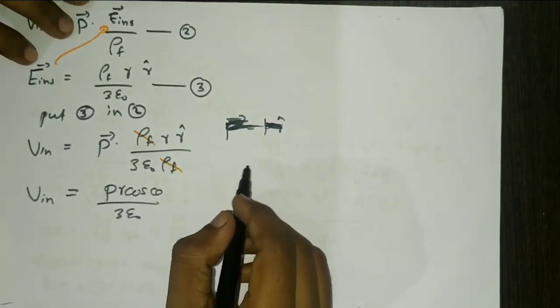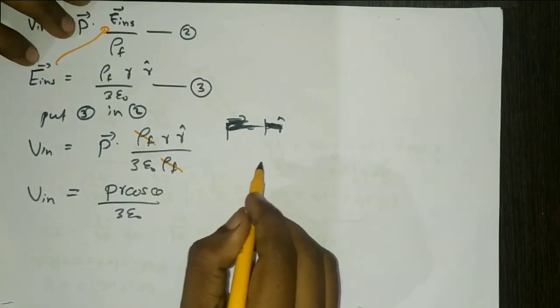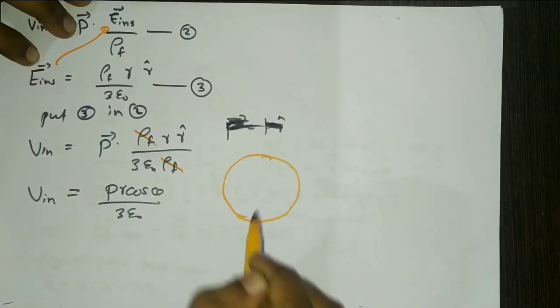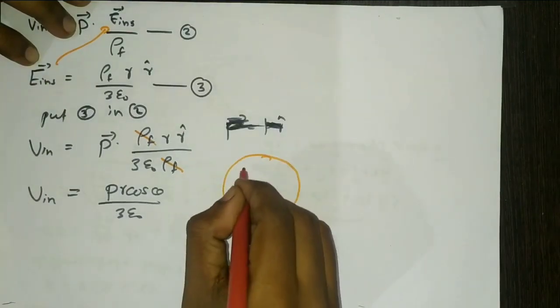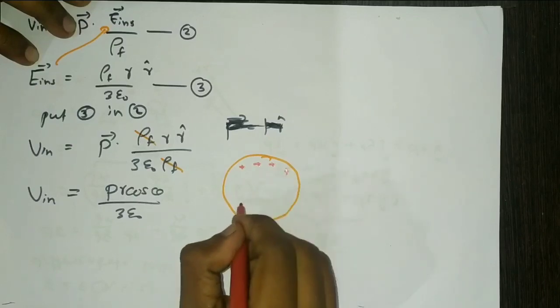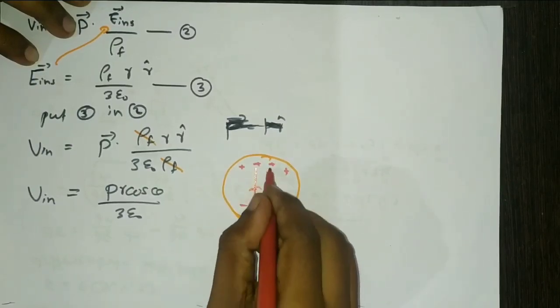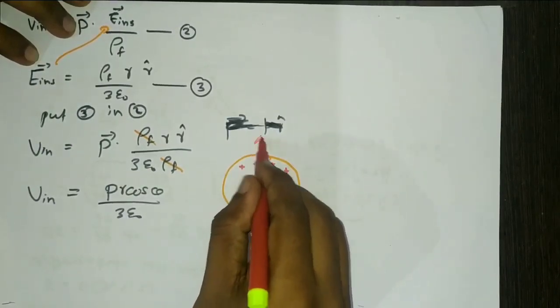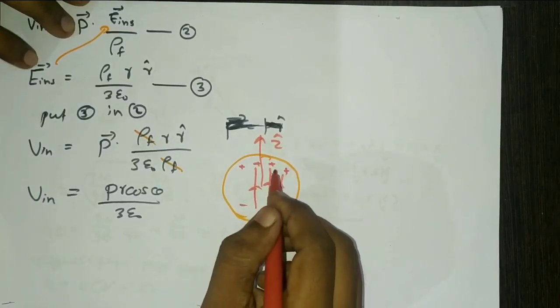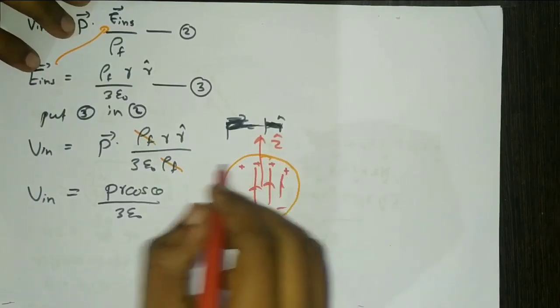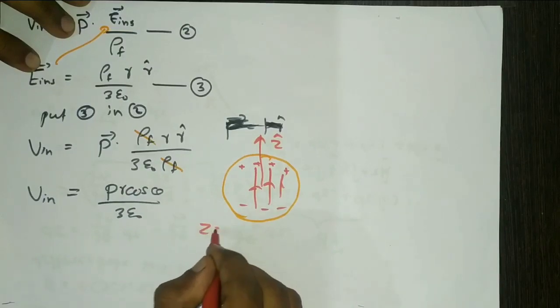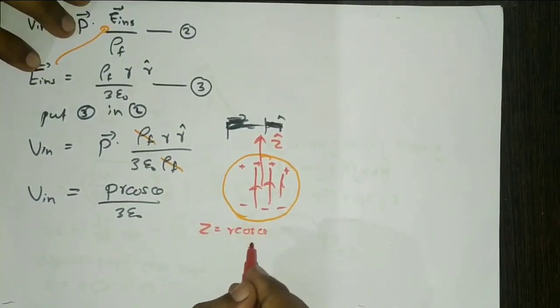Now, we have considered that our sphere is uniformly polarized along the z direction. It's from negative to positive. It is along the z direction. In the spherical polar coordinate system, z can be written as r cos theta.